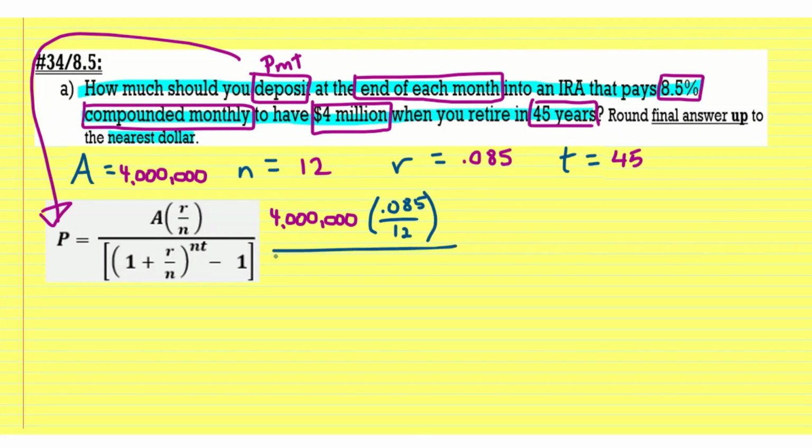My denominator, I'm going to have parentheses, 1, plus the same ratio that's in the numerator, 0.085, divided by the compounding periods or the number of payments we're going to make every year. And we're going to close that parentheses. We're going to raise it to the compounding periods of 12. We're going to multiply that times the time, which is 45 years. And then we are going to subtract 1 and close our parentheses.